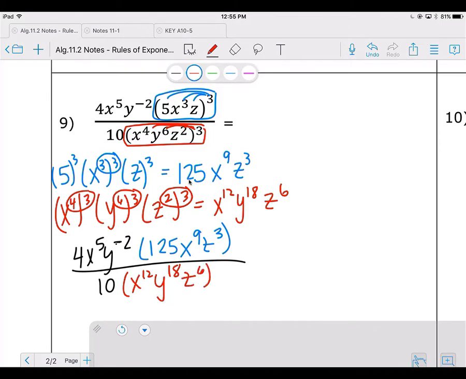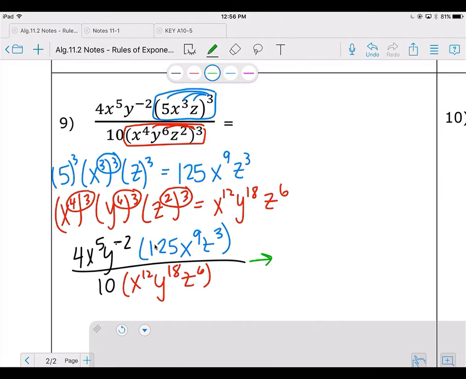So I'm replacing this 125 with the blue up here and the x12 starting with the red down here. I haven't done anything with the 4x5, y negative 2, or the 10.